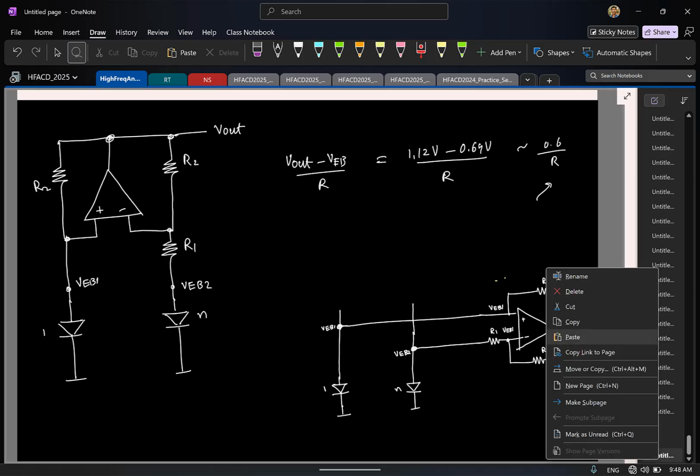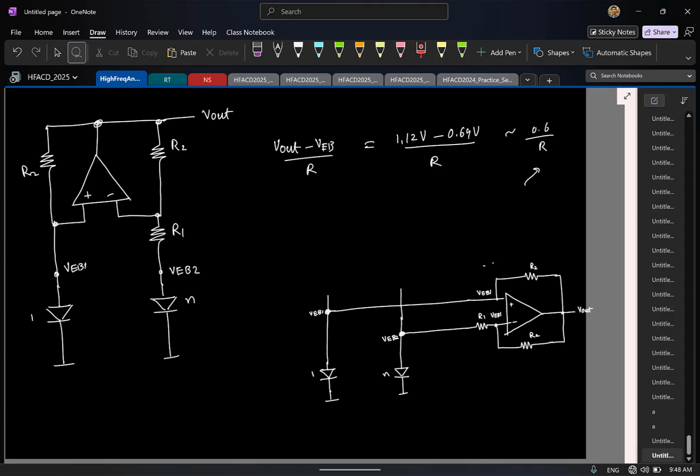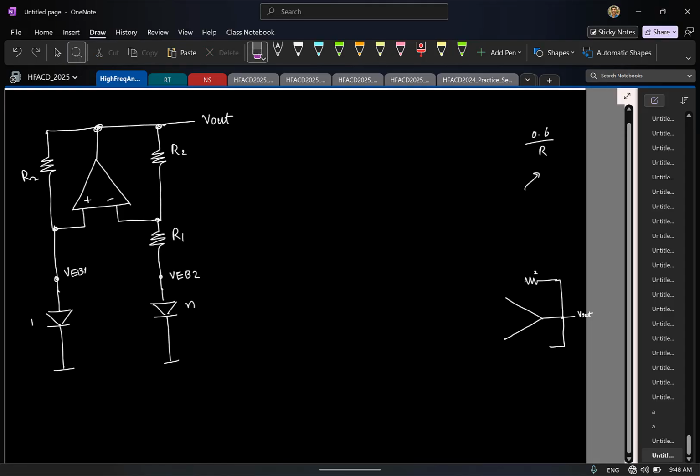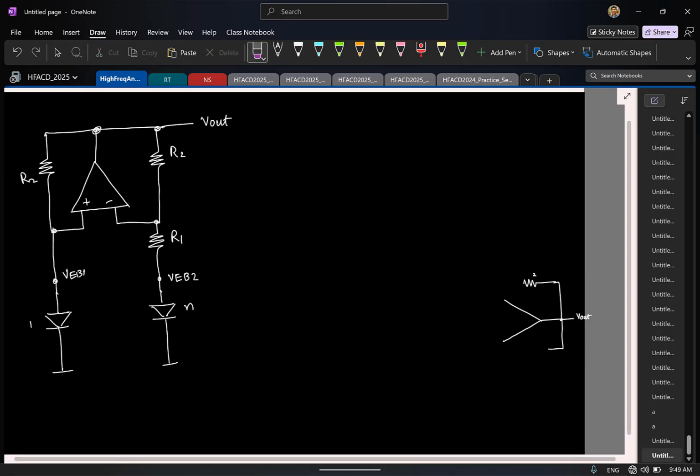Okay, so now tell me this. Do you think the op amp in the circuit, let me erase this, has only negative feedback or positive feedback here? Look at the circuit. Do you think it has only negative feedback or it also has positive feedback? Because you see that the output is fed both to the inverting and to the non-inverting terminals.